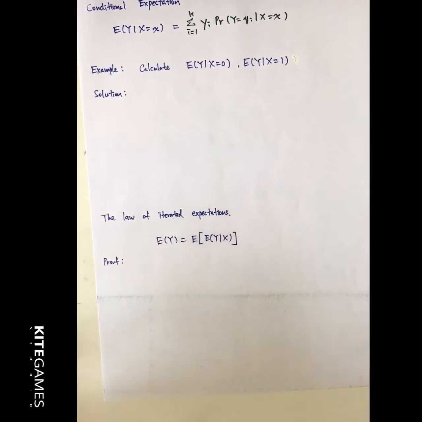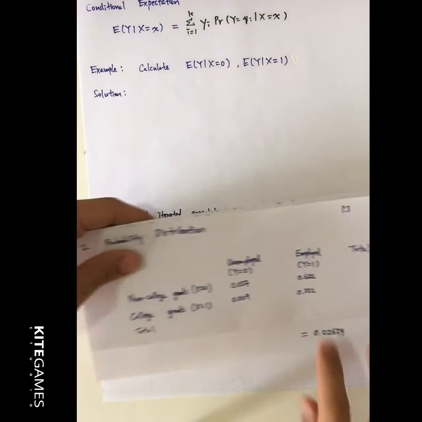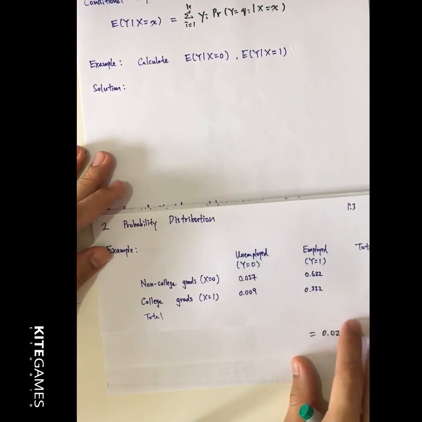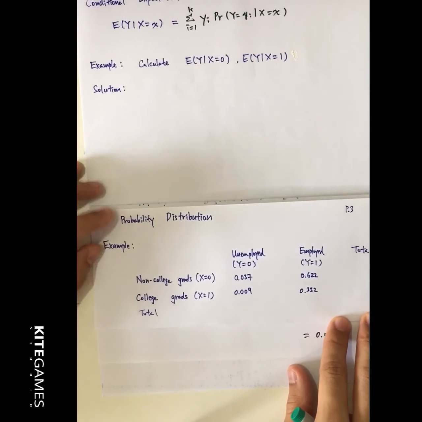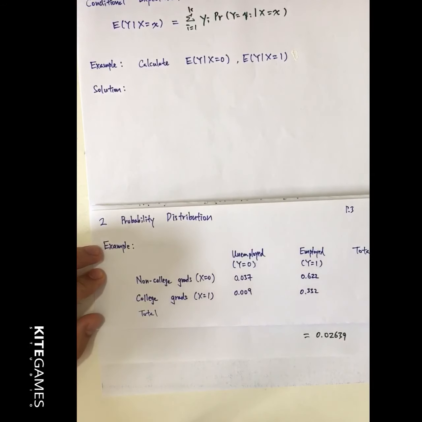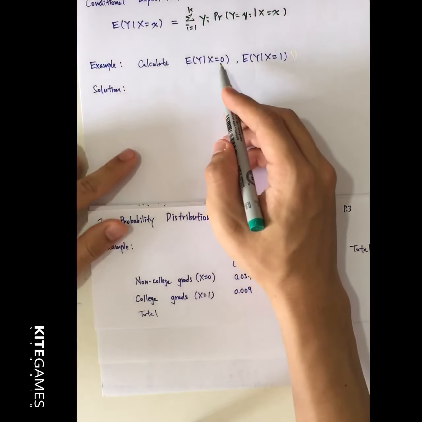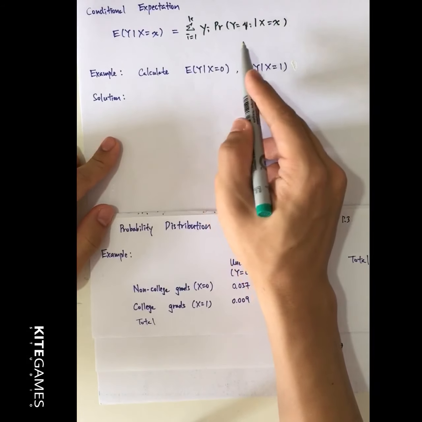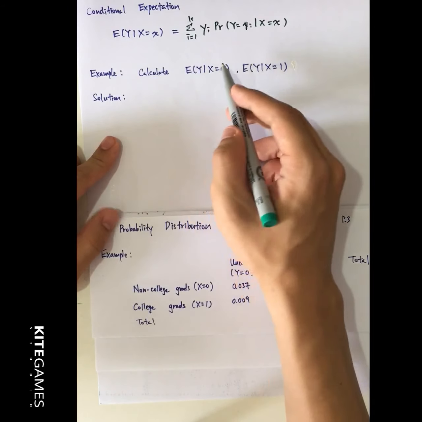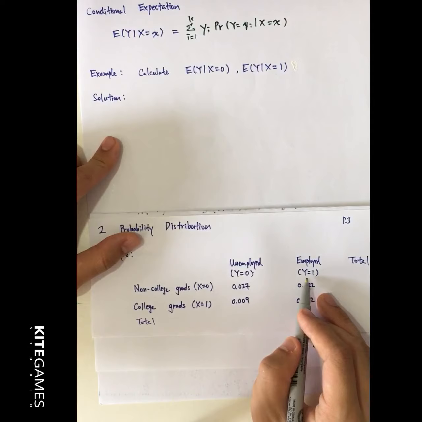So what is the expected value of y given x is equal to 0? Here is the data. If you want to calculate the expected value of y given x is 0, you need to use this formula. y can be taken to be either 0 or 1.